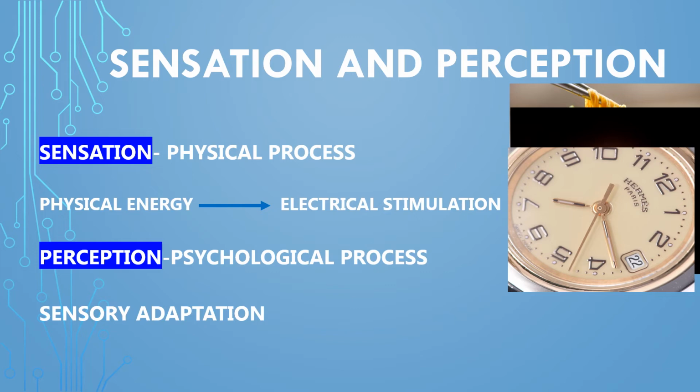Another example is tiny scratches on the lenses of your glasses; you stop paying attention to them because you are used to that stimulus. So when a stimulus is constant and unchanging, we experience sensory adaptation. That is, we get adapted to that stimulus.